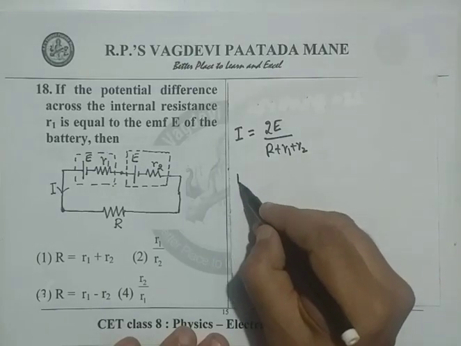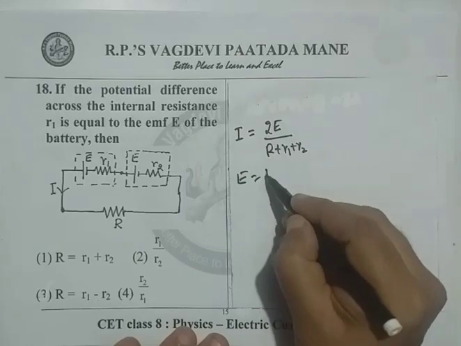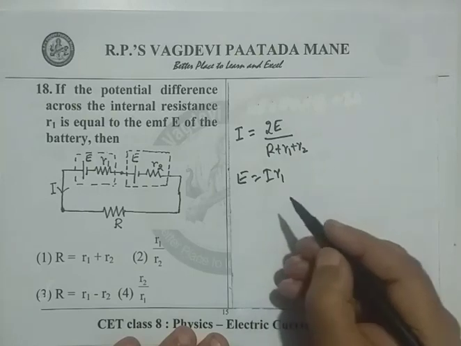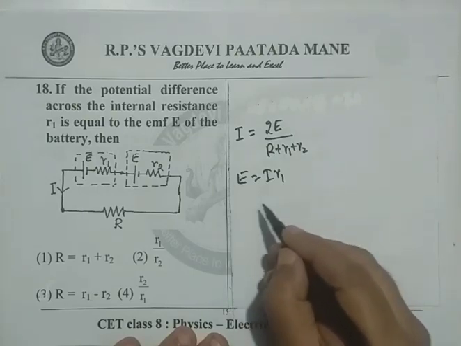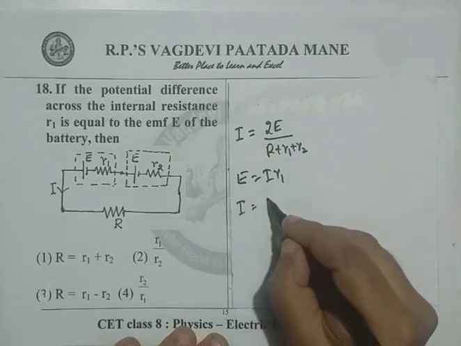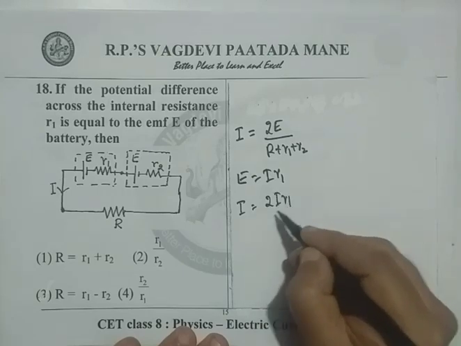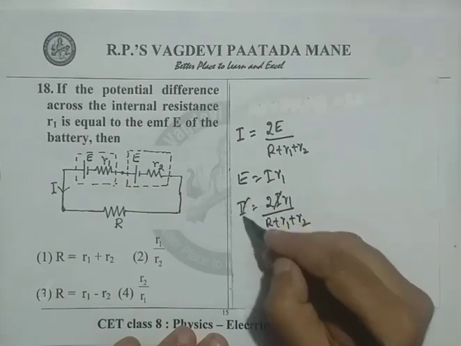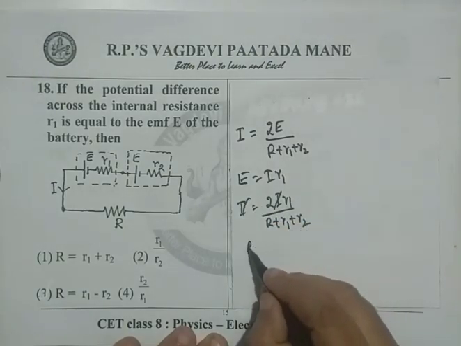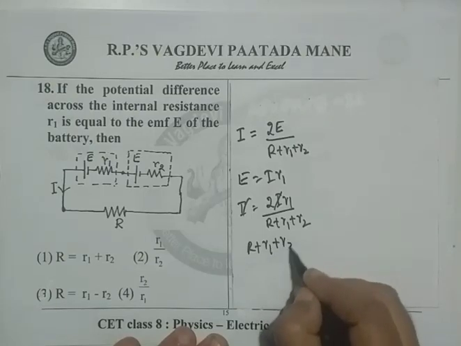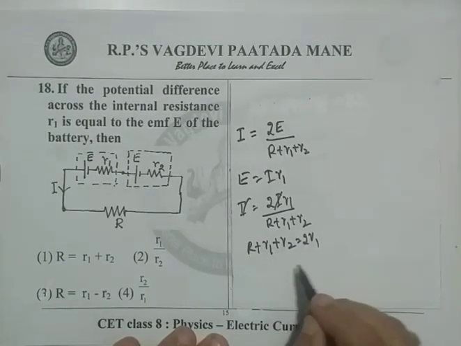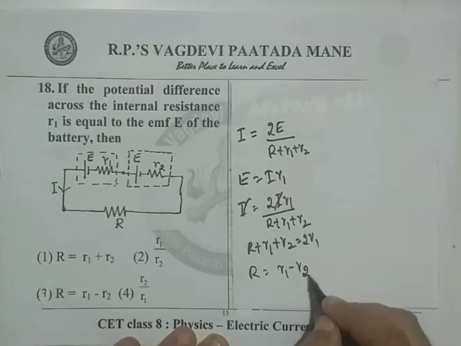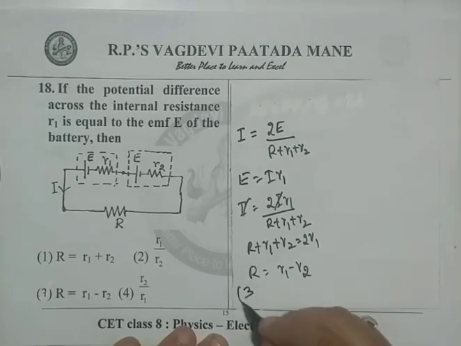But it is given E equals IR1, the potential difference across internal resistance. Therefore, if I substitute that there, I equals 2IR1 over R plus R1 plus R2. Cancel this I and write the cross multiplied value there, which simply means R equals R1 minus R2. Therefore, option 3 is correct.